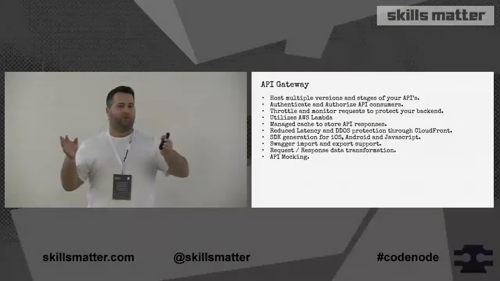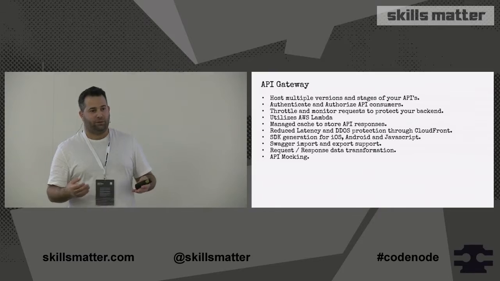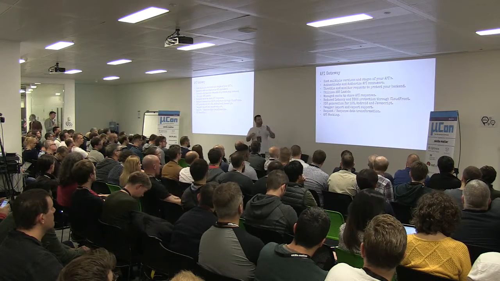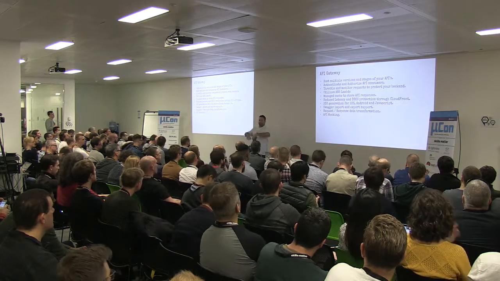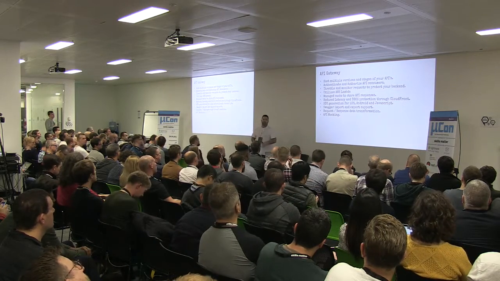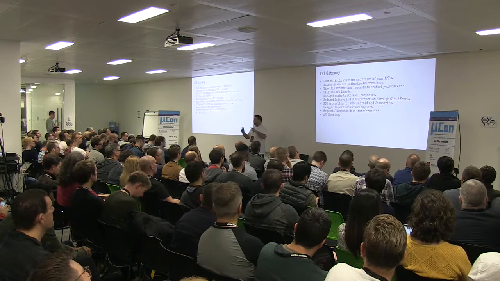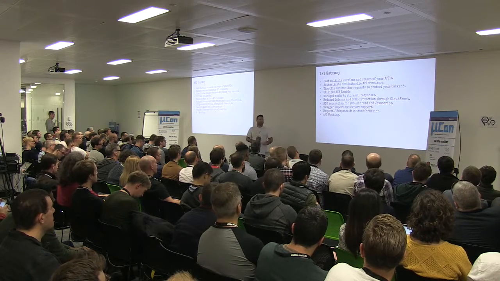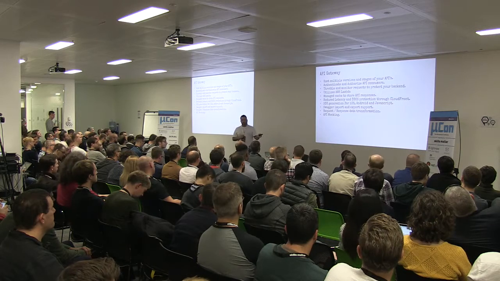Because API Gateway is deployed in the same region as my backend servers, because they need to access the same network, the latency between the API Gateway and my servers is very low, usually in the same availability zone. Right? Everyone knows what a region and availability zone are, right? Good.